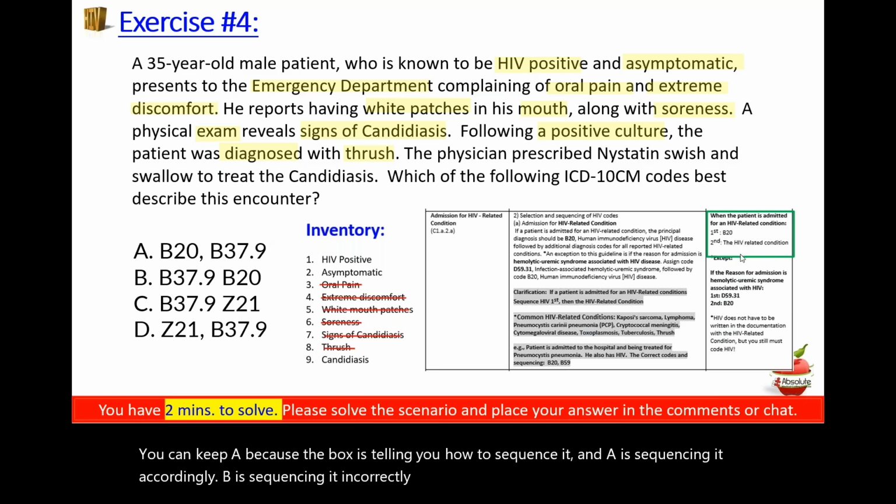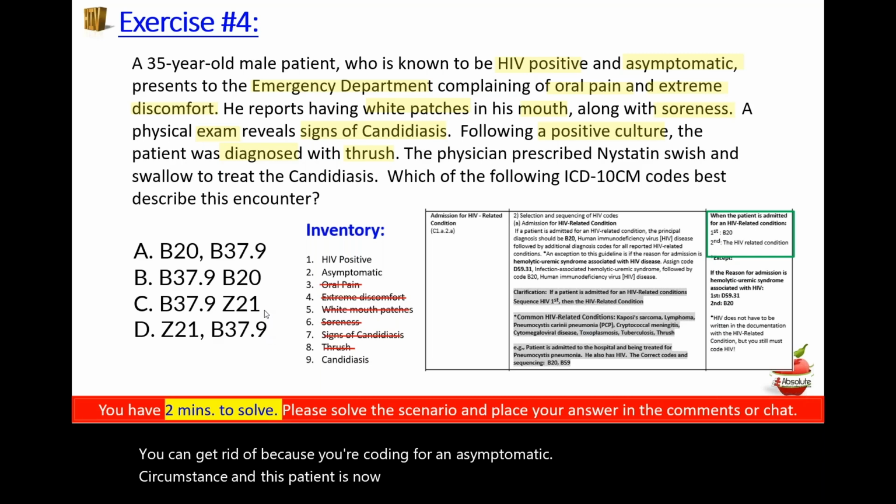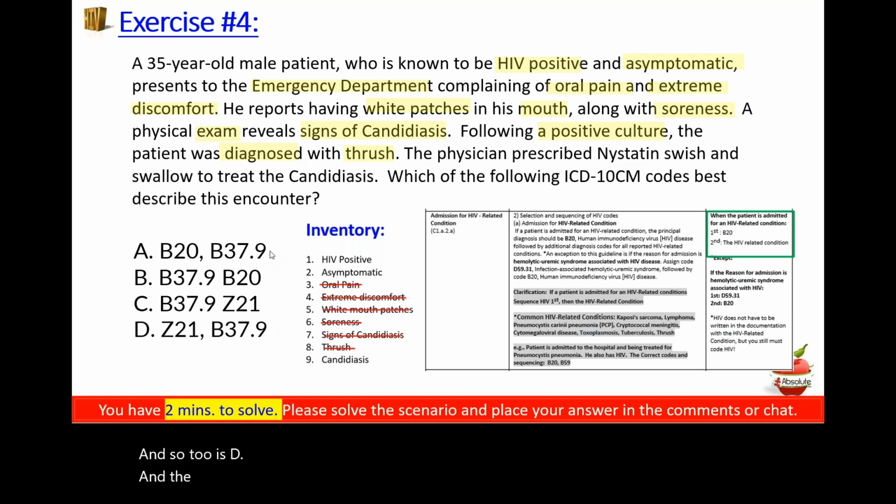See, B20 followed by the HIV related condition. C, you can get rid of because you're coding for an asymptomatic circumstance, and this patient is now symptomatic. And so too is D. And the answer is A. That's right. Somebody said B, C, D, gotta go. A is the answer.